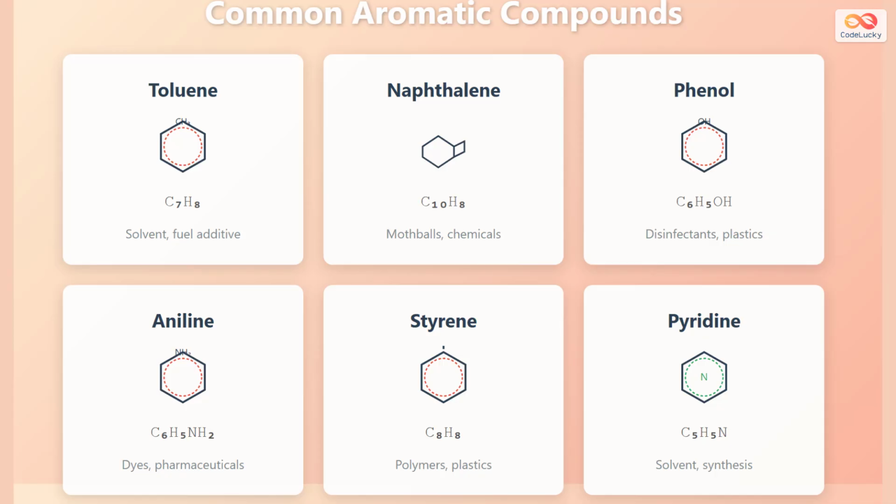Aniline, C₆H₆NH2, contains an amino group and is crucial for dye and pharmaceutical manufacturing. Styrene, C₈H₈, is polymerized to make plastics. Finally, pyridine, C₆H₆N, is a 6-membered ring with 1 nitrogen atom, used as a solvent and in chemical synthesis.